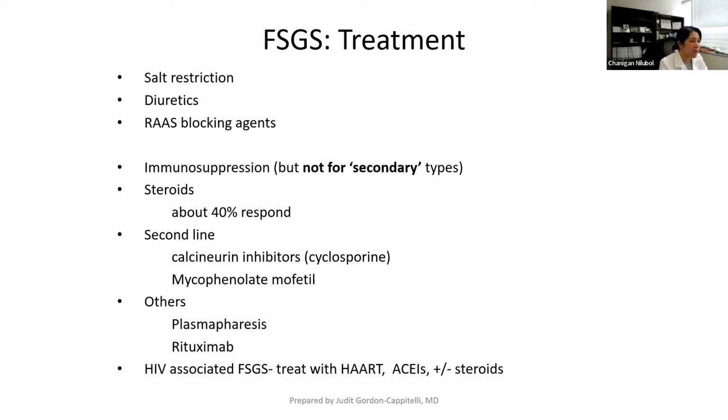For second line agents, someone would try immunosuppression with a calcineurin inhibitor or CellCept, and others plasmapheresis, more so in recurrence in kidney transplant patients, or rituximab, which we have been using. Rituximab is used a lot more these days for a number of rheumatologic and also kidney diseases.